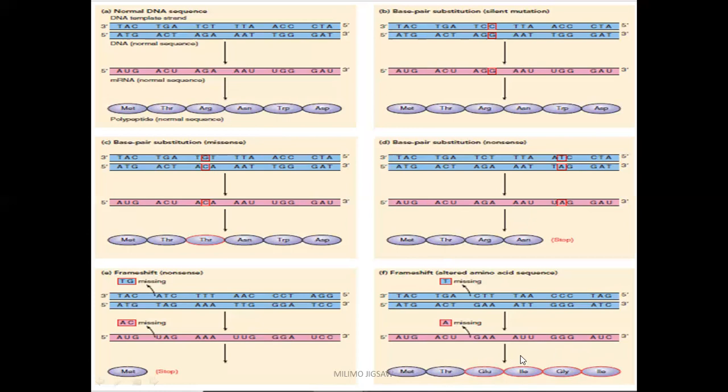So depending on where the insertion or deletion has happened, there are different effects that are generated. As mentioned earlier, they can generate a stop codon within a short distance of the mutation, leading to a premature termination of the translation process.